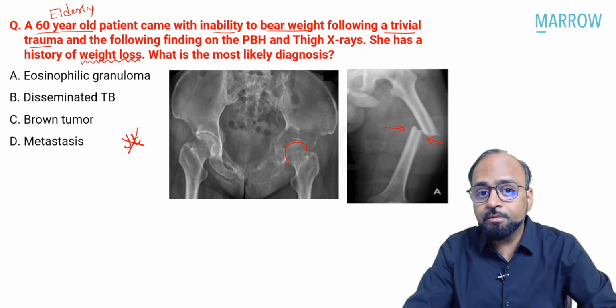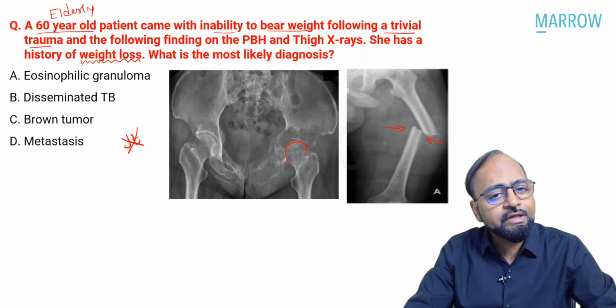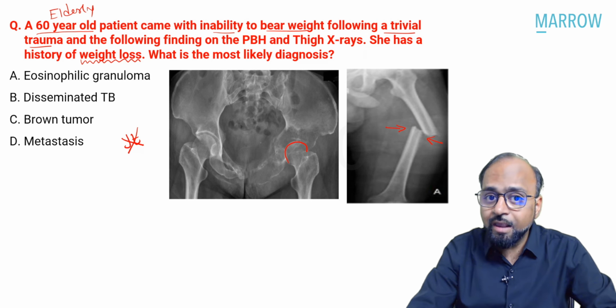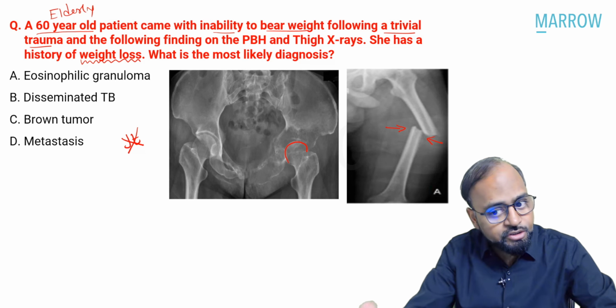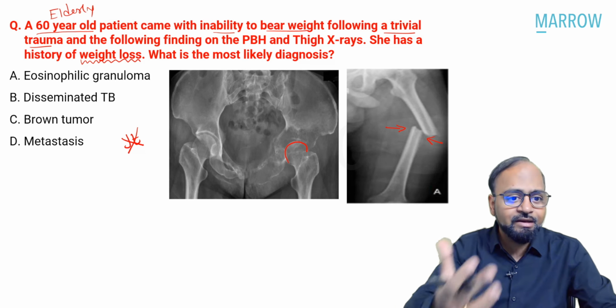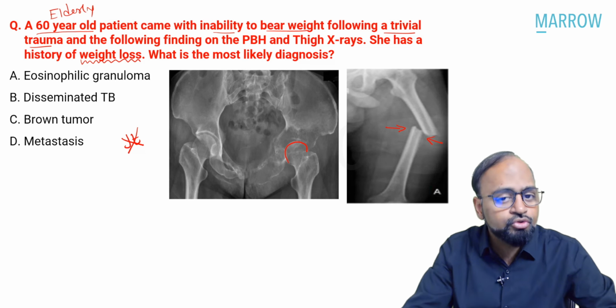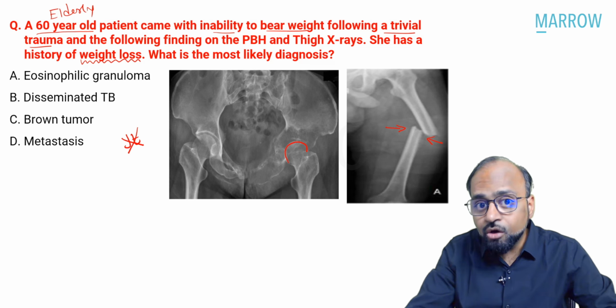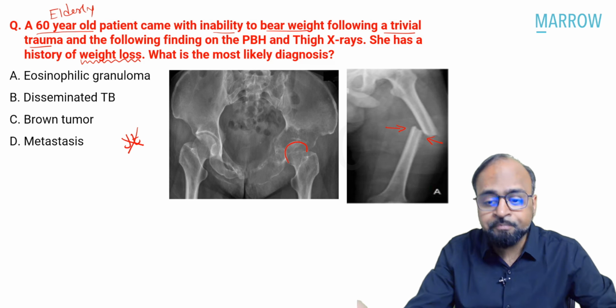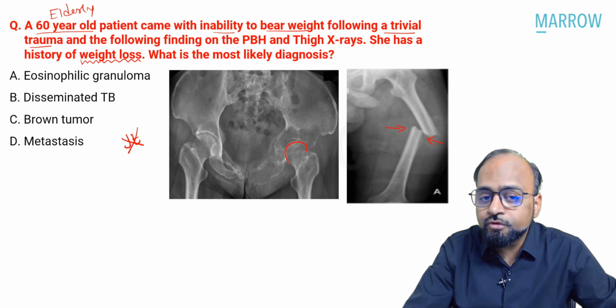Now remember, the femur being a strong bone in the body, it takes a very, very high impact trauma to create such a transverse fracture of the femur. If an elderly lady falls down, she usually comes with a neck of femur fracture. That is one of the weakest parts. But here the shaft of the femur was fractured.